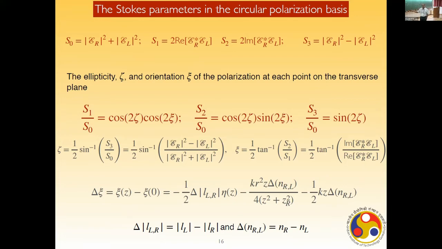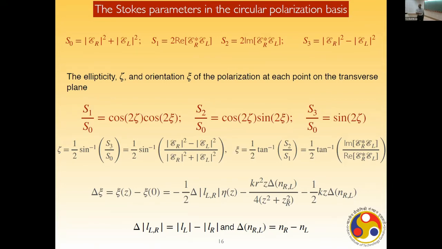If it is a different value, then also there is no rotation, but you have to choose a cylindrical vector beam. It has two components, and both components have L_L equal to L_R equal to plus or minus 1. In that case, it is 0. So rotation comes solely from the refractive index variation.